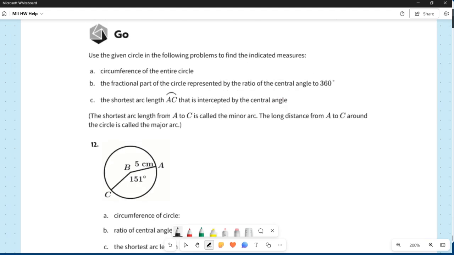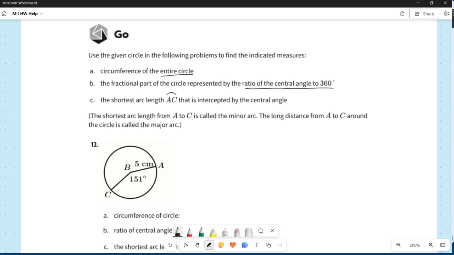Our next and last question in this assignment appears in the Go section. The directions say, use the given circle in the following problems to find the indicated measures. Part A, the circumference of the entire circle. B, the fractional part of the circle represented by the ratio of the central angle to 360 degrees.